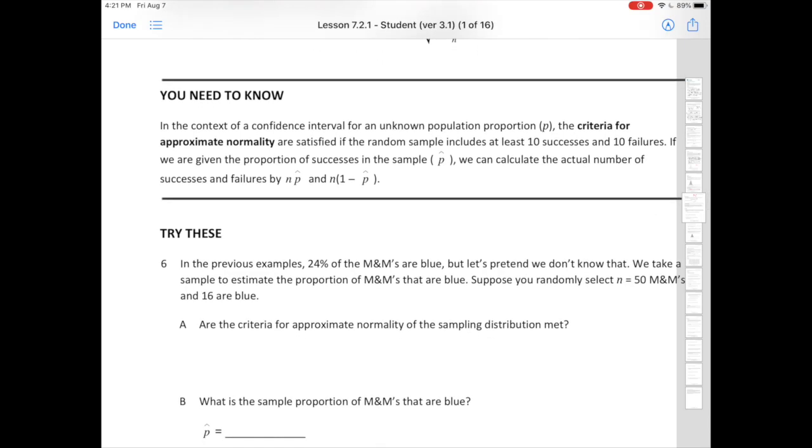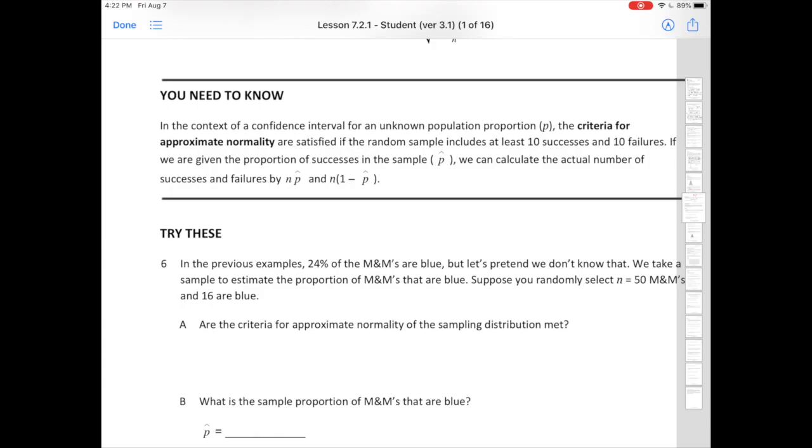Okay, you need to know: in the context of a confidence interval for an unknown population proportion p, the criteria for approximate normality are satisfied if the random sample includes at least 10 successes and 10 failures. If we are given the proportion of successes in the sample p hat, we can calculate the actual number of successes and failures by n times p hat and n times 1 minus p hat.